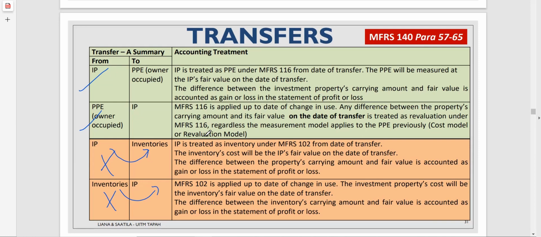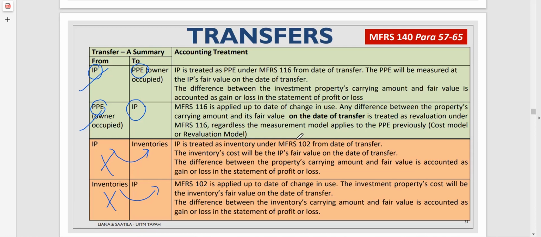Our focus would be the transfer of IP to owner occupied function, which is PPE. We start with it in this video, where I will illustrate a few examples. And later in another video, we'll be looking at the transfer from owner occupied property to investment property. So that would be the case of having a different MFRS being applied before and after the date of transfer.